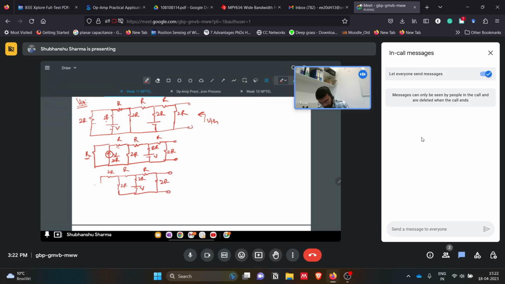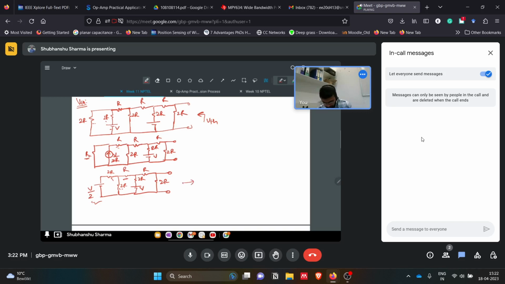Okay, so this will be what? Multiply V by 2R multiplied by R, it will be V by 2. Now again we can convert it into current, and this will be parallel. Then again we'll convert back to the voltage source. So finally it will be V by 4.